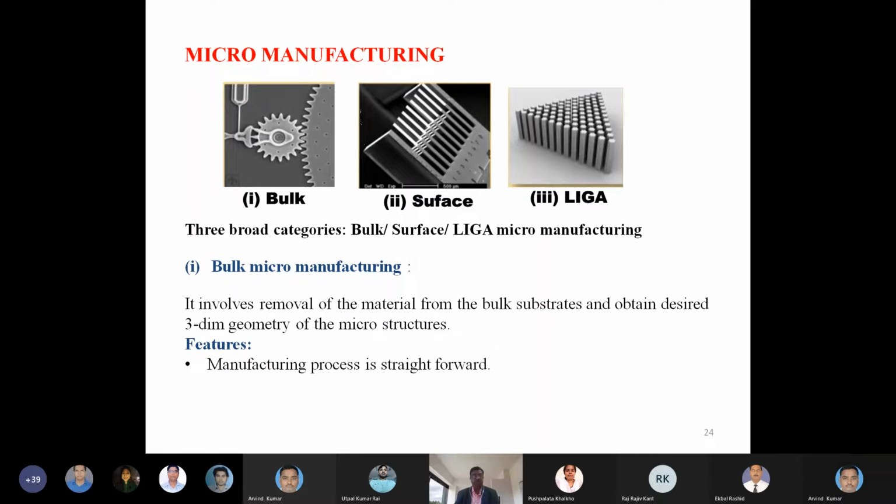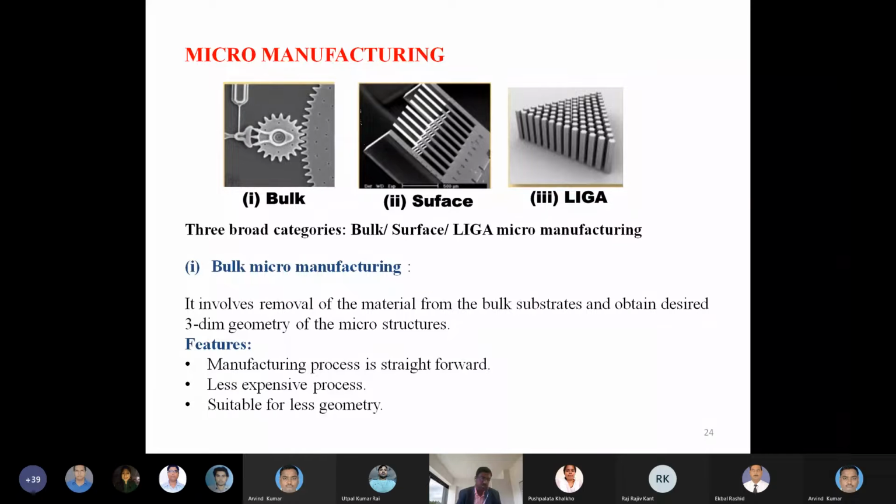The main features are that the manufacturing process is straightforward and less expensive, and it is suitable for simple geometry, because the removal of material must be very low.